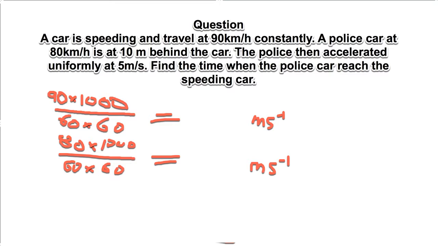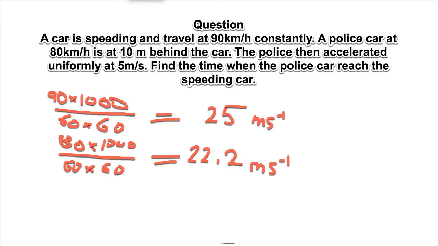For example, for 90 kilometers per hour, we first multiply 90 by 1000 as 1 kilometer is 1000 meters, and then 1 hour is 60 minutes, and 1 minute has 60 seconds, so 1 hour has 3600 seconds. After doing the calculation, we can find this speed in meters per second.